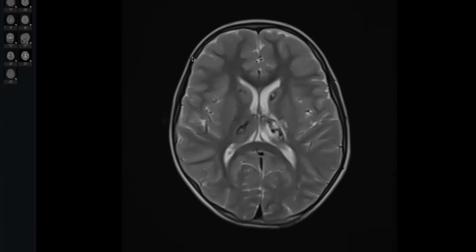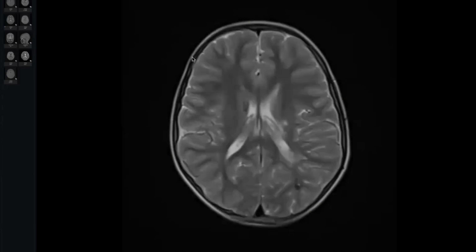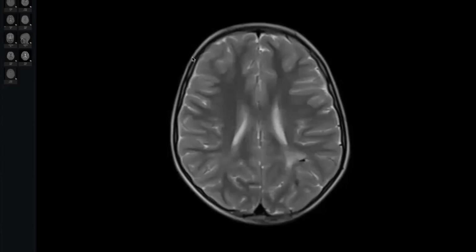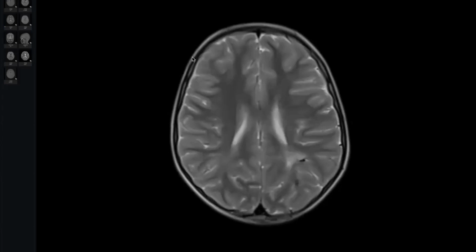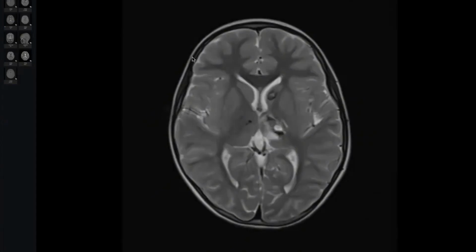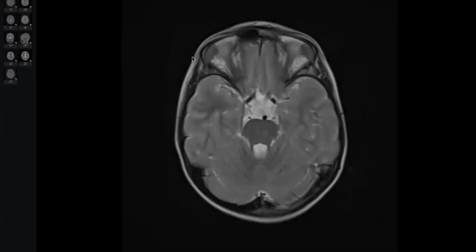This appearance is called the tiger eye appearance. What's your diagnosis?